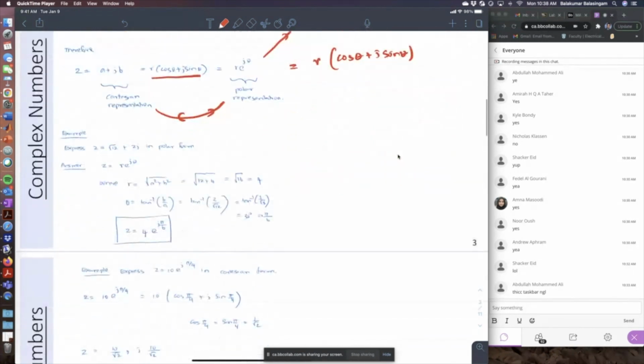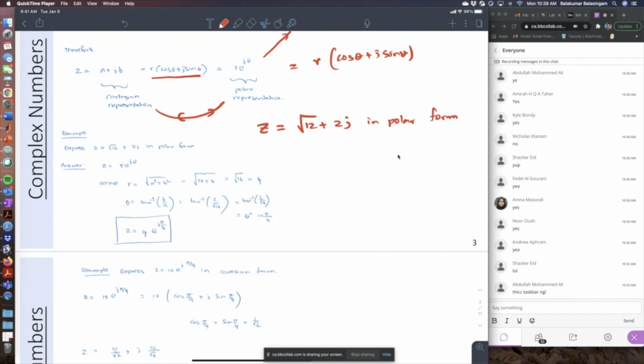So that's probably the first example. Express s equals square root of 12 plus 2j in polar form. That's a question I'm just writing down. So we have to write s equal to r e to the power j theta.